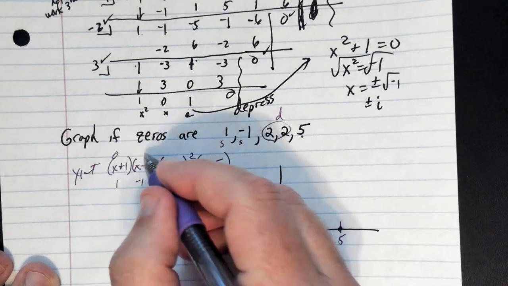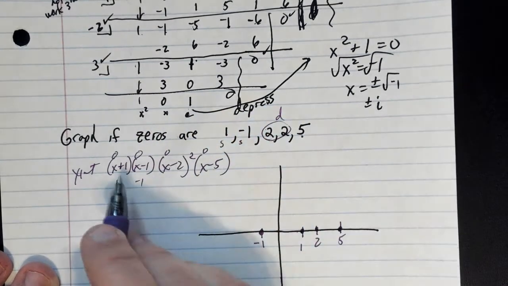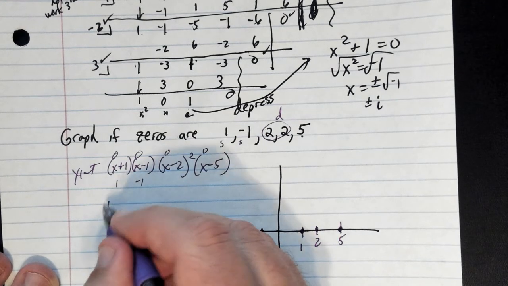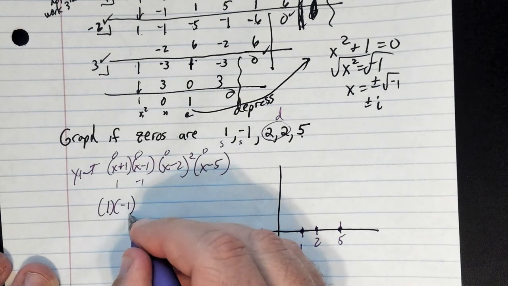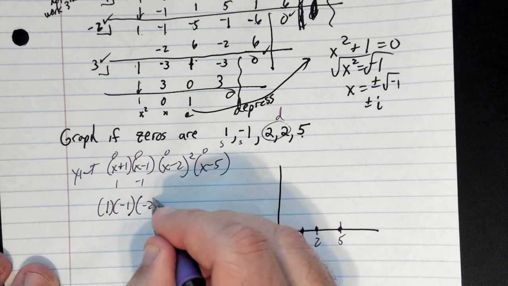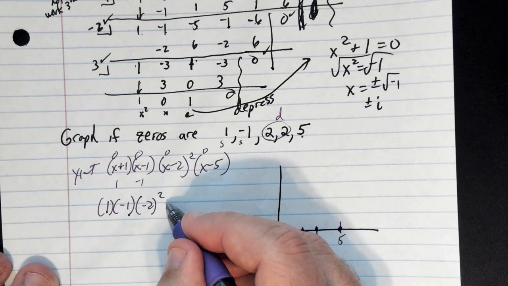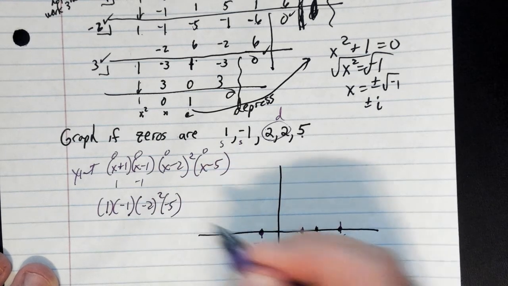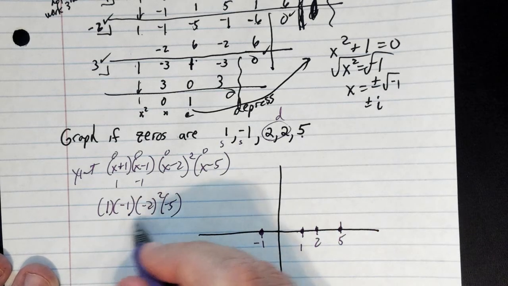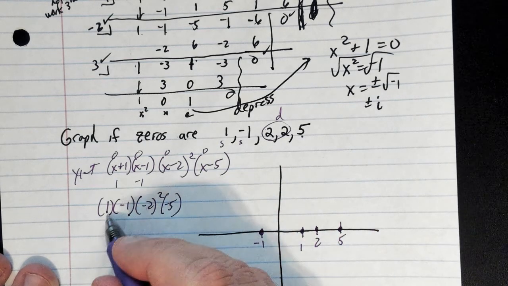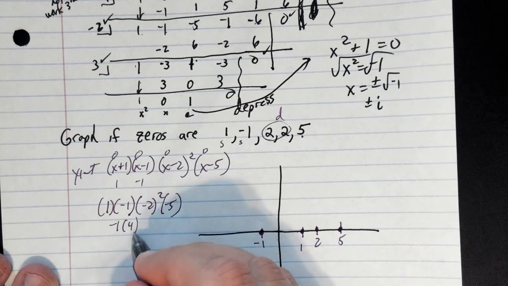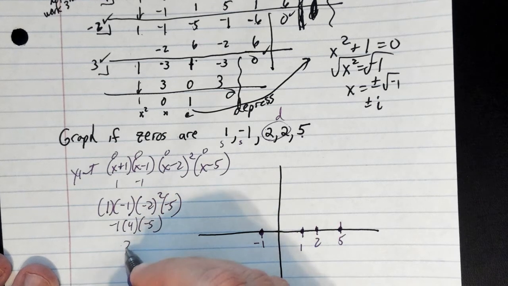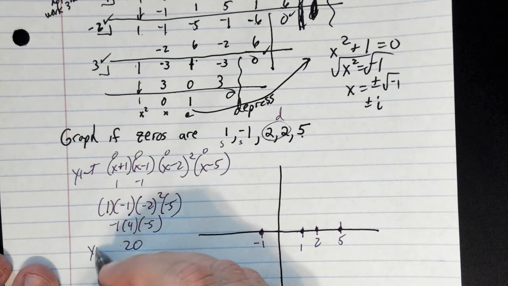Plug 0 in for all these x's. That would give me 1 times negative 1 times negative 2 squared times a negative 5, which would be, that's 4, negative 1 times 4 times a negative 5, which would be 20. So my y-intercept is at 20.